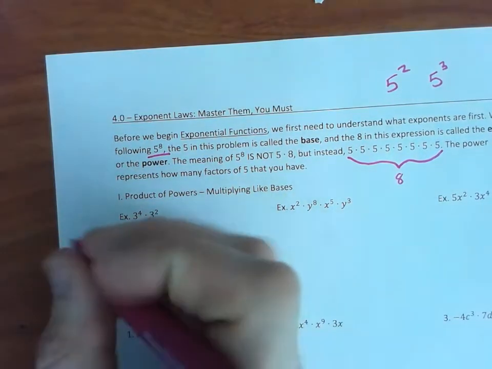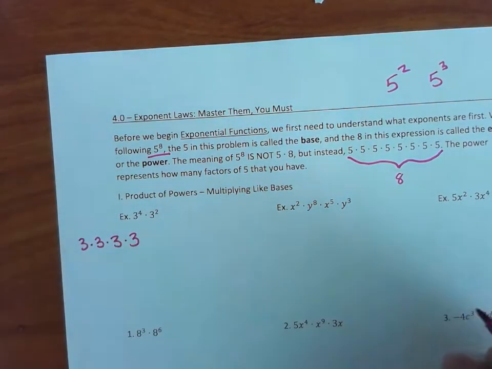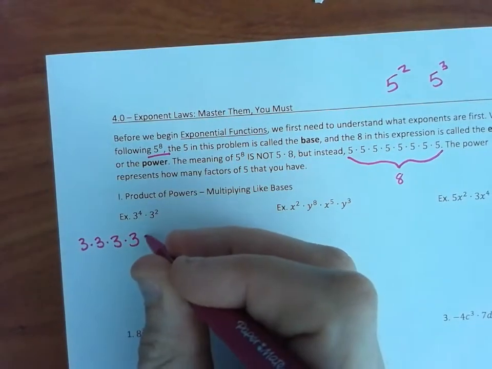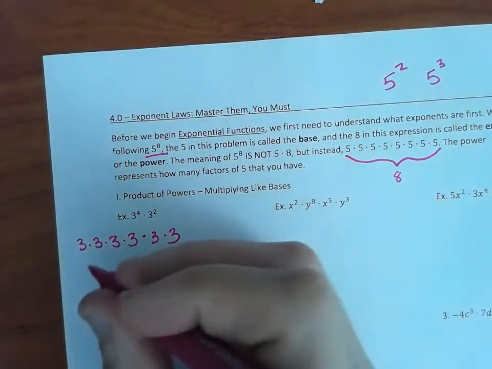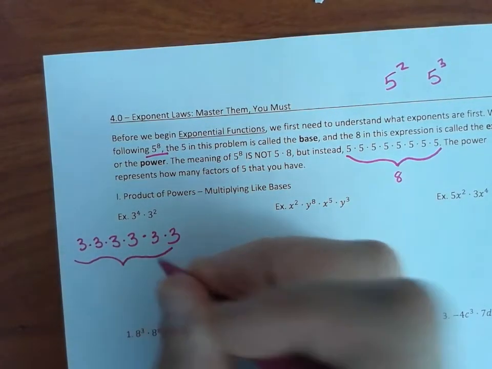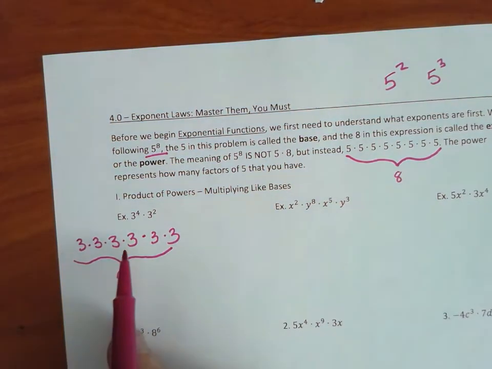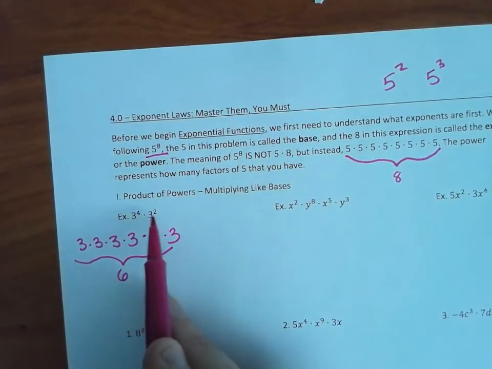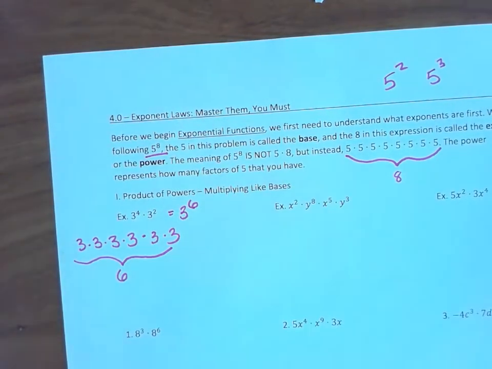So 3 to the 4th is 3 times 3 times 3 times 3. 3 squared is just 3 times 3. If I look at these, I have 6 factors. So in essence, 3 to the 4th times 3 squared is really 3 to the 6th.